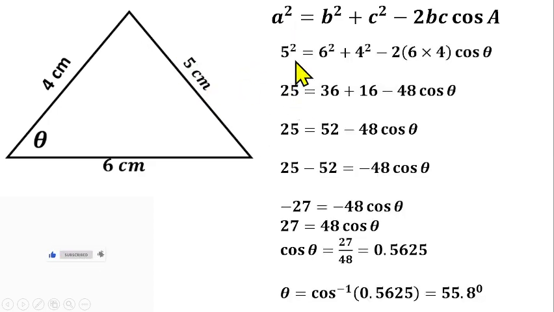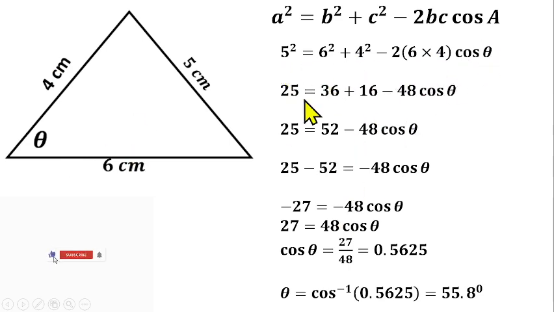We have 5 squared equals 6 squared plus 4 squared minus 2 into bracket 6 times 4 cos theta, which is what you are looking for. Do you understand that? So even if I have this angle given to me and I'm looking for this side as well, I'll have this side squared equals 6 squared plus 4 squared minus 2 into 6 times 4 cos the angle given to us.